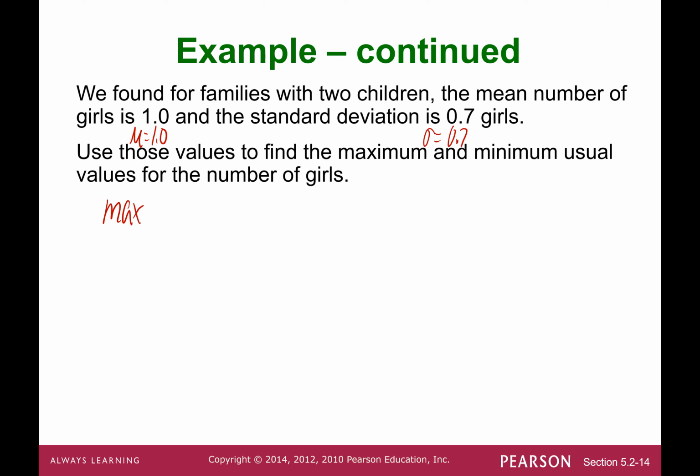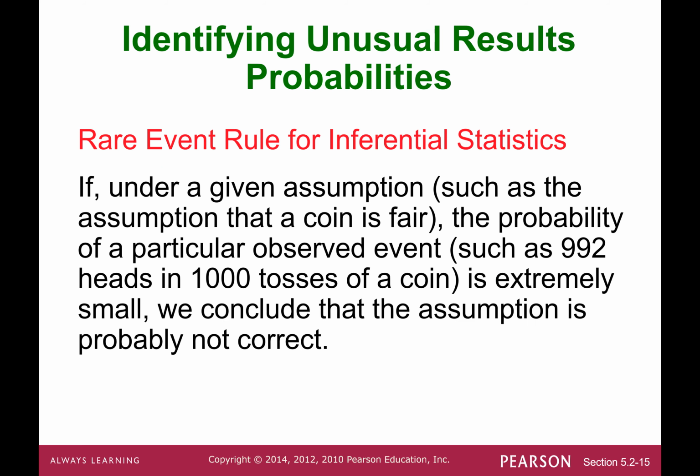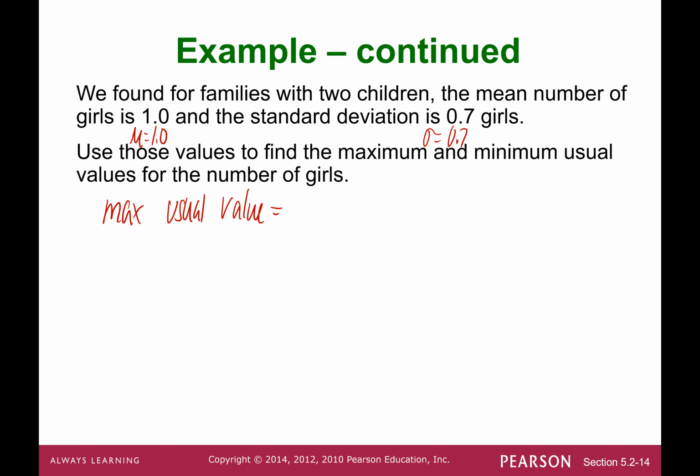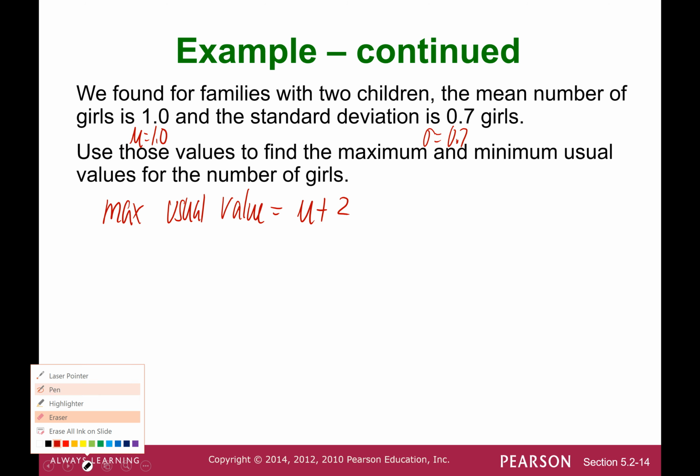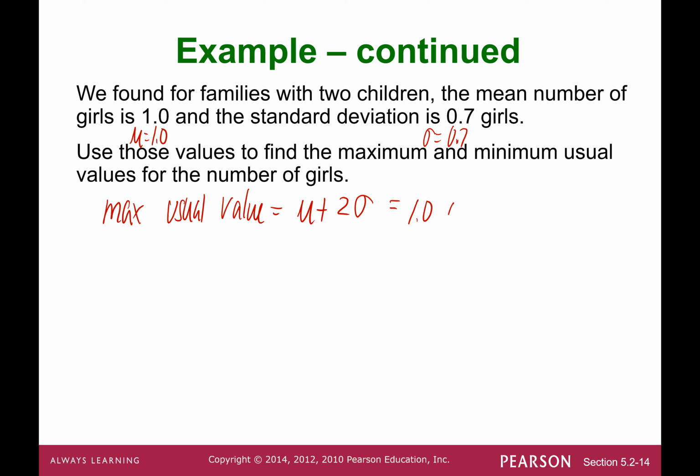So for the maximum usual value, let me just write the formula first: mu plus 2 standard deviations. So that will be 1.0 plus 2 times 0.7. So that's 2.4.